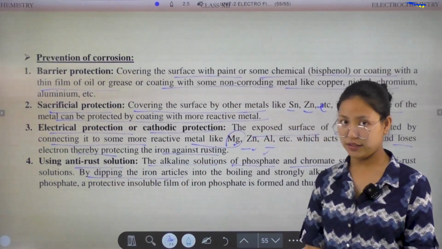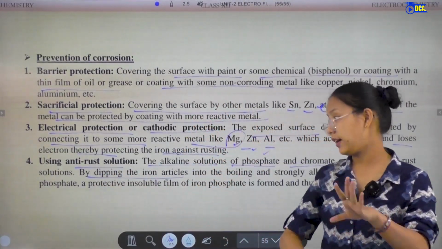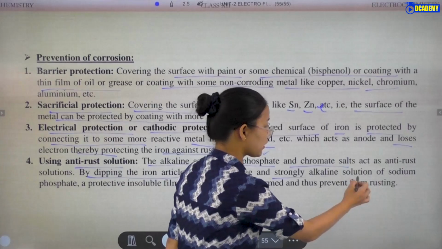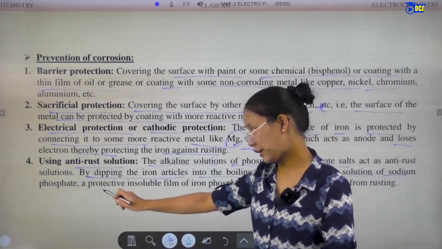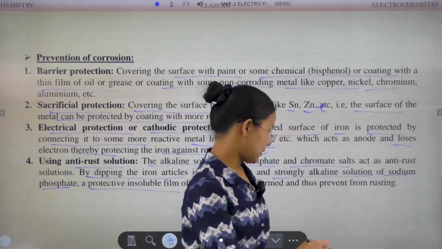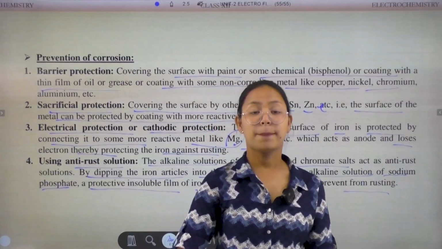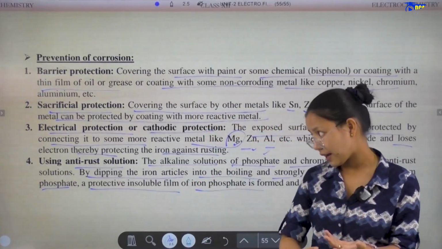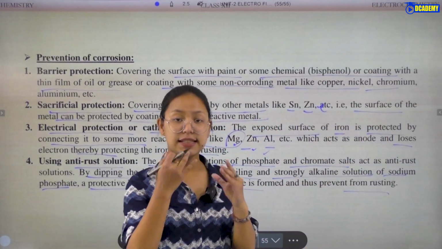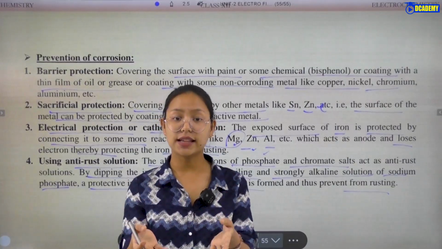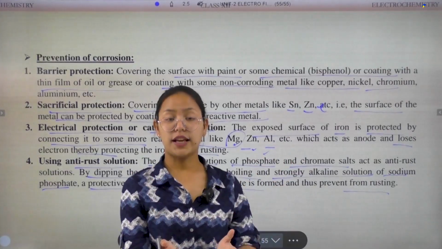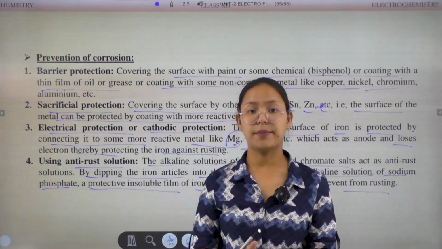By dipping the iron articles into a boiling and strongly alkaline solution of sodium phosphate, a protective insoluble film of iron phosphate is formed and thus prevents rusting.